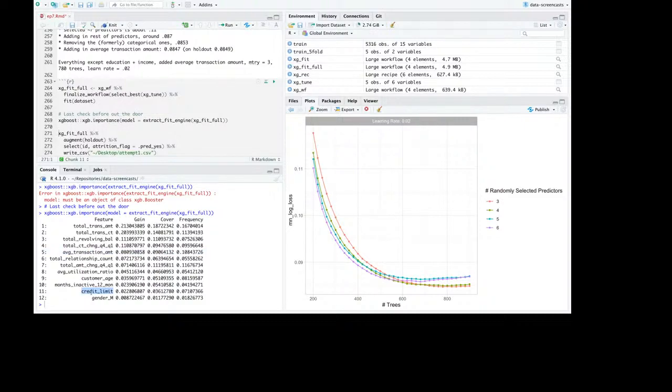Got average transaction amount and, yeah, no ID, no anything else.